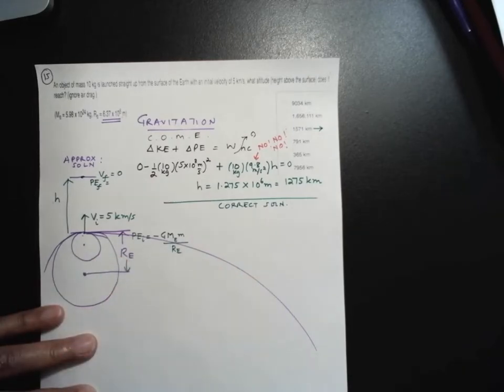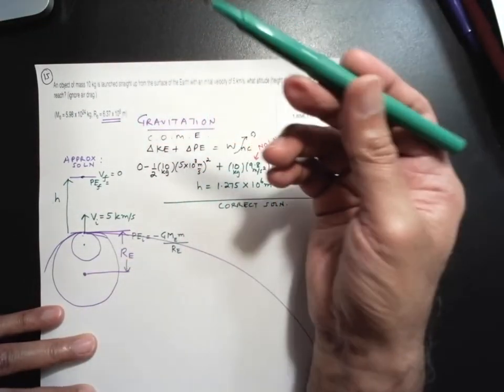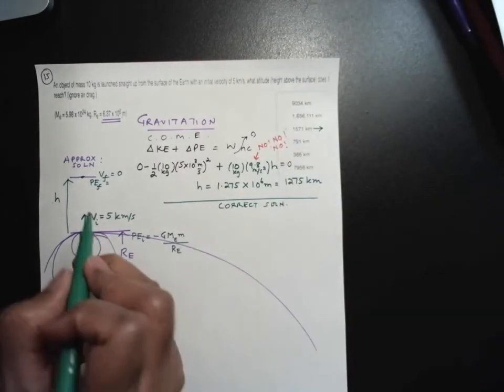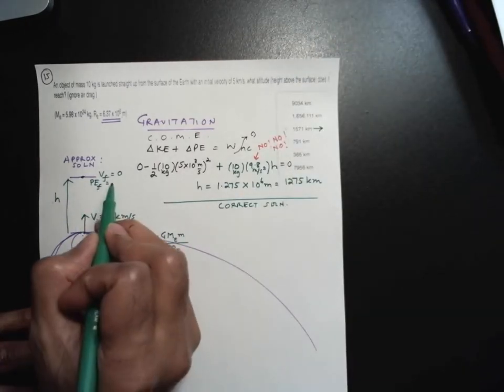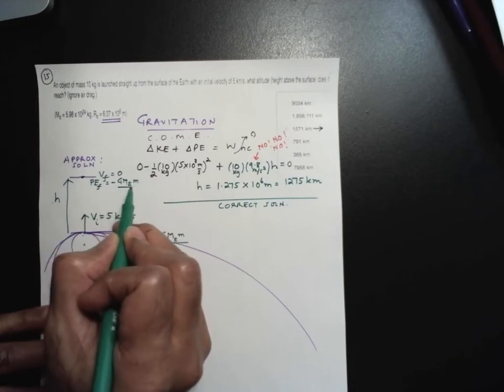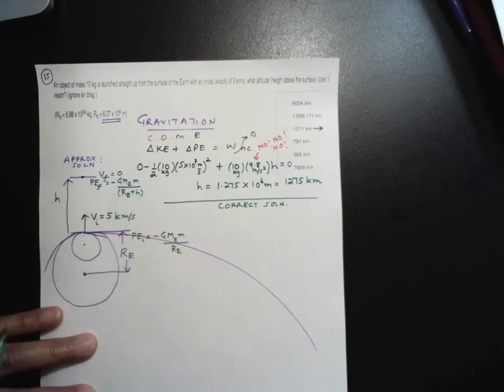It's negative because it's defined relative to some zero which is at infinity, right? So there's your PE initial. PE final is the same thing, but this time the distance is the radius of Earth plus the h.